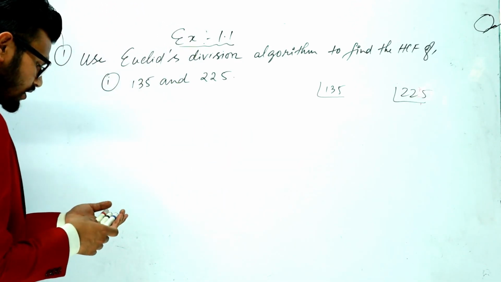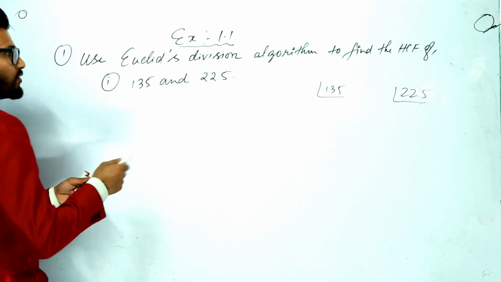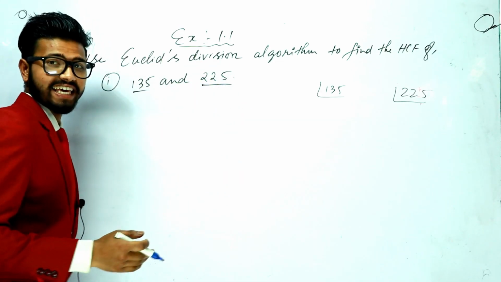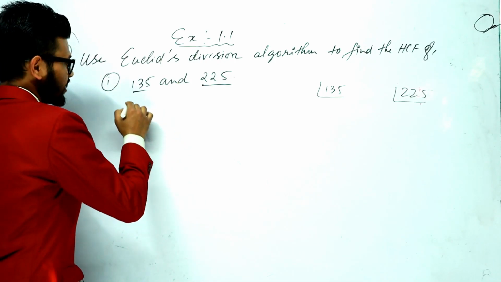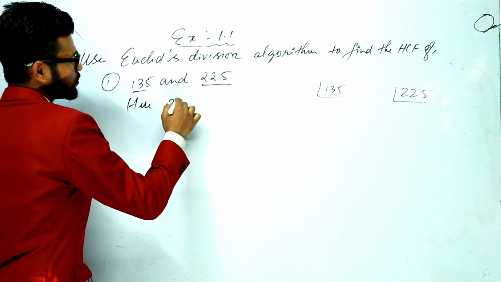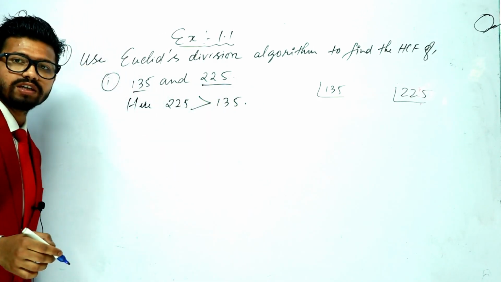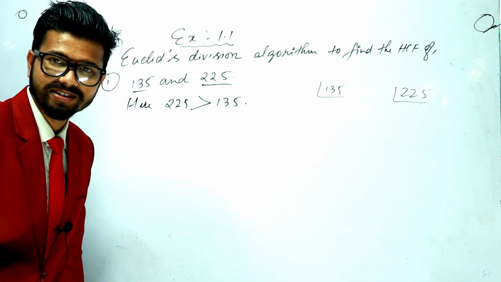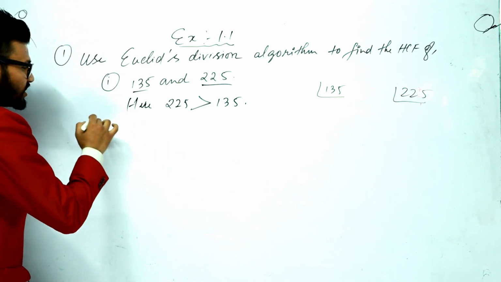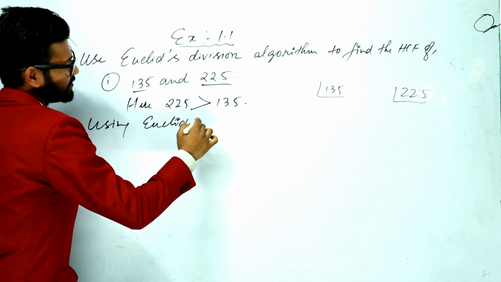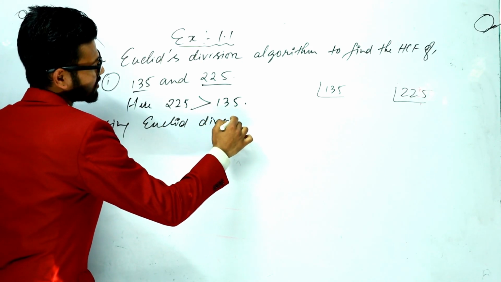So here, which is the larger number now, 225 or 135? Obviously 225, so this will act as the dividend here. 225 is more than 135, so we will be using Euclid's division lemma.